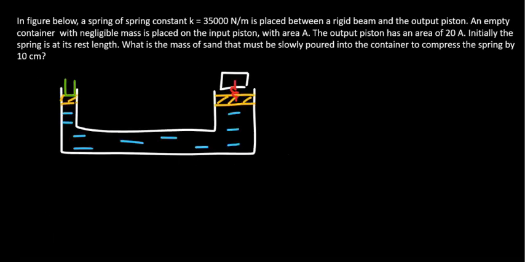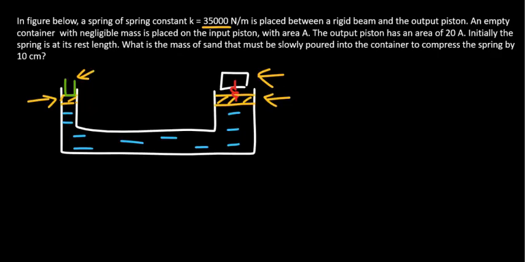Problem 2. In the figure below, a spring with spring constant 35,000 Newton per meter, so that is the spring shown here in red, is placed between a rigid beam and the output piston. An empty container, that is this one, with negligible mass is placed on the input piston.